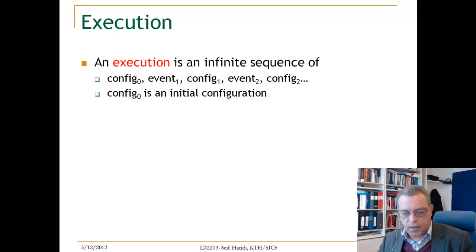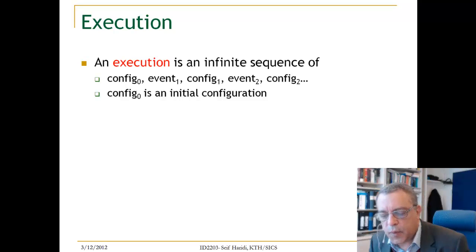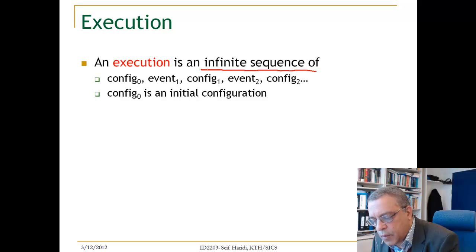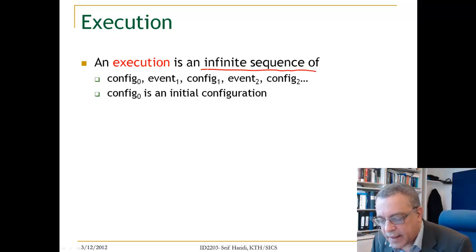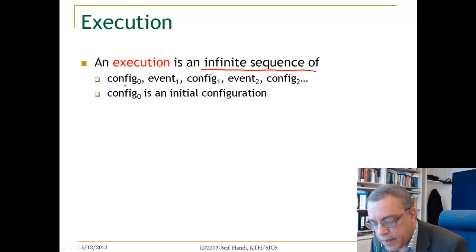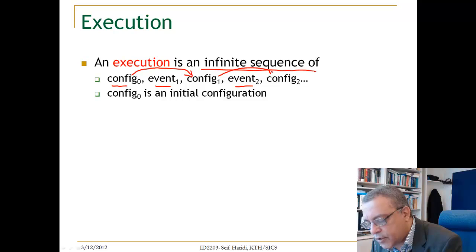So what is an execution? We can model the execution as a sequence. And in fact, we will see that we will have an infinite sequence of events, of course. An execution is basically a sequence that starts with a configuration, performs an event, transforms the configuration to a new configuration, performs an event, transforms the configuration to a new configuration.